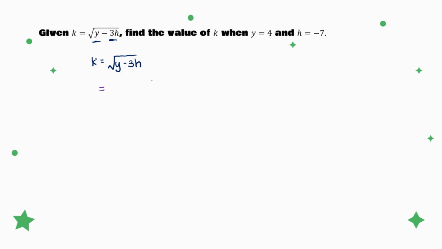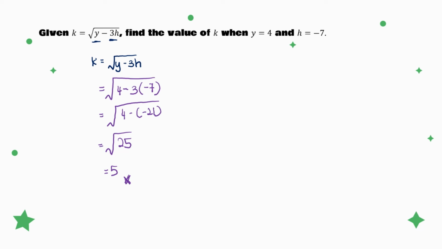So we get square root of y we have 4, minus 3, h we have negative 7. 3 times negative 7, we will get negative 21. So we will get 4 minus in bracket negative 21, we will get 25. So square root of 25, we will get 5. So the value of k is 5.